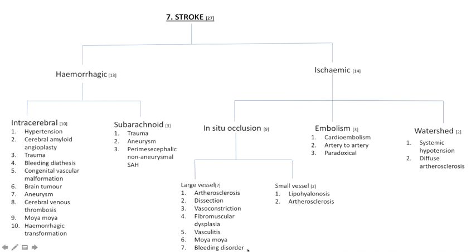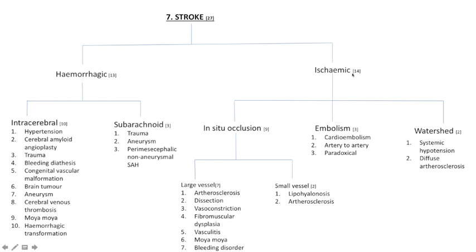Moya is another one, right? Bleeding disorder as well, especially when you have protein C and S deficiency, antithrombin 3 deficiency, factor 5 Leiden, the thrombophilias, right? That can predispose to clotting. But usually hits the large vessel. Small vessel in situ occlusion, we speak to lipohyalinosis, which happens with hypertension, and of course atherosclerosis, quite common.